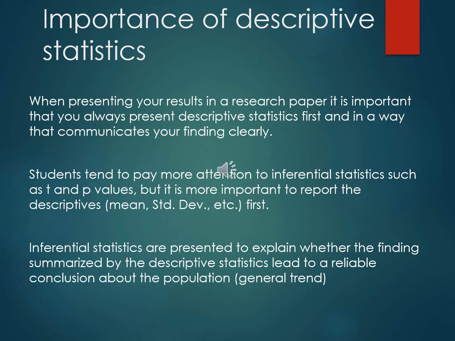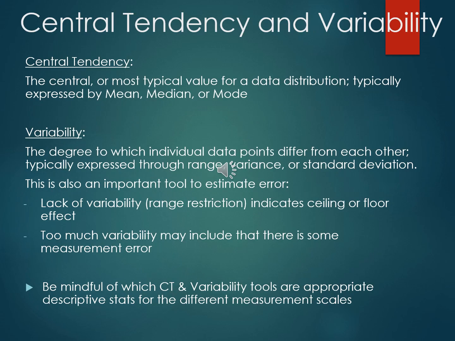The first thing that I would like to emphasize is that students tend to pay more attention to inferential statistics such as t-value, p-value, but what's important is to describe the actual statistics such as mean, standard deviation first, because that is the data. That's the objective data.